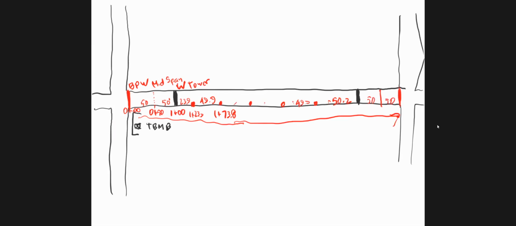So the instrument will be somewhere around here, okay? So you will take a back sight to the manhole, okay? Every other subsequent measurement after this is a foresight, okay?